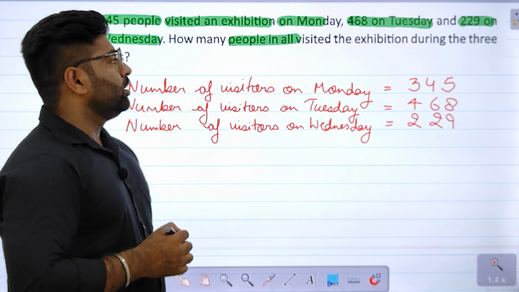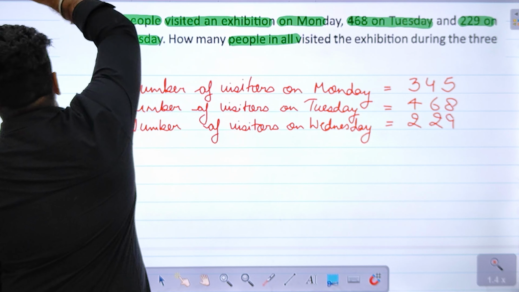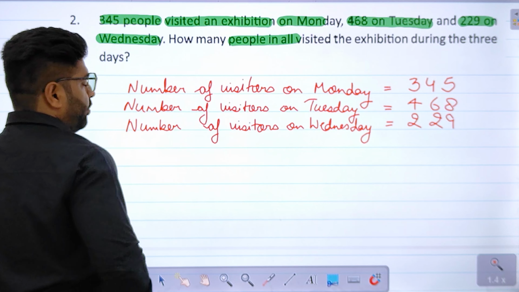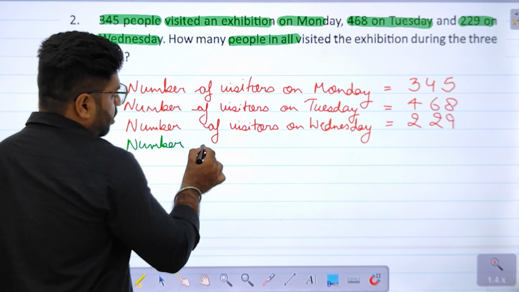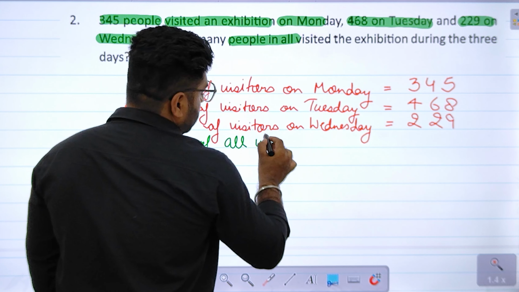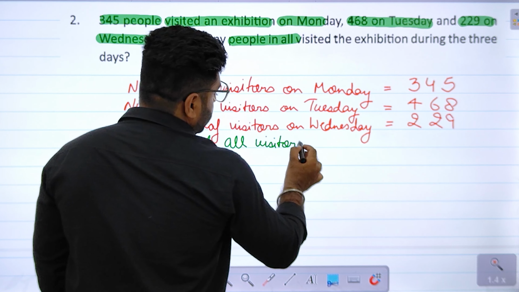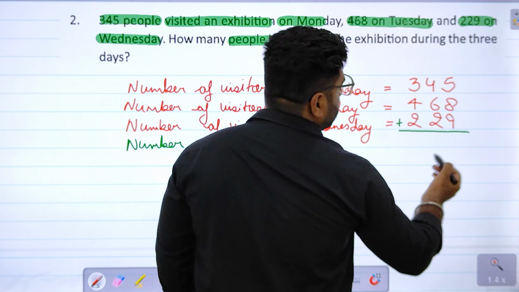So we have to find out the number of all visitors. So we have to simply add them.